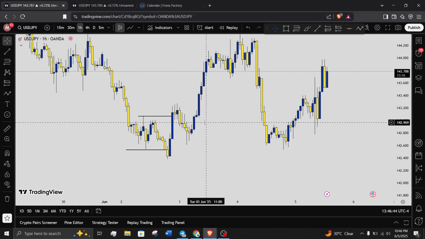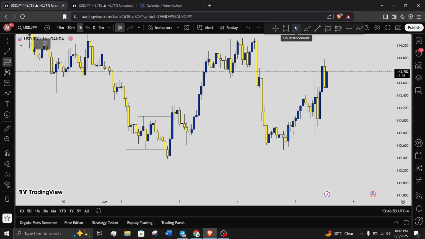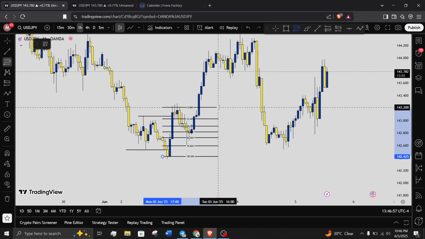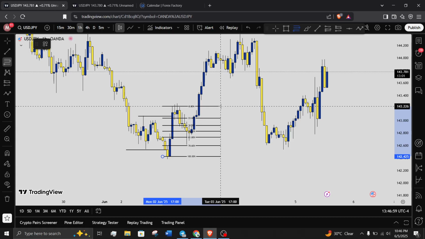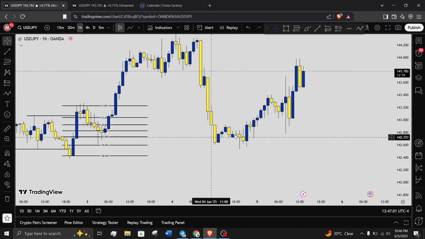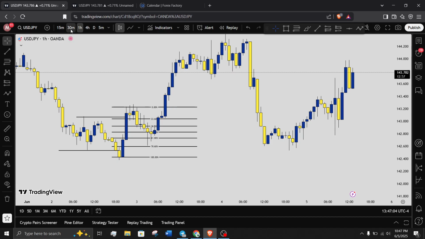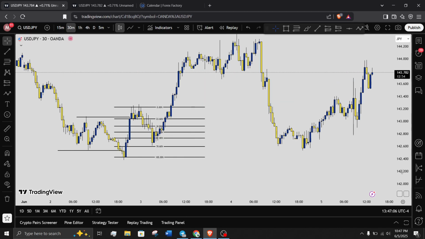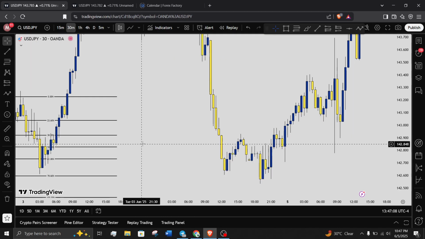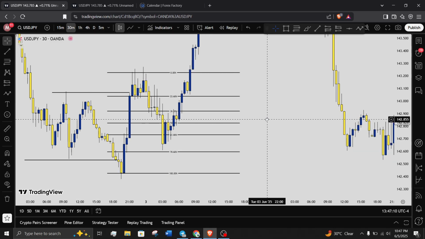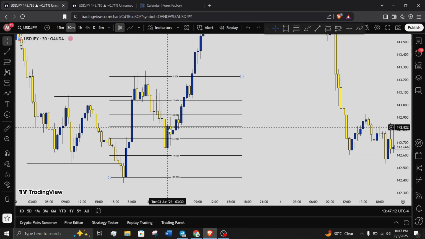Change of character indicates that the trend is reversing, and we need to look for bias upon retracement. So how do you look for bias? You take a Fibonacci retracement tool, place it like this, and see we got bias on the low time frame. You can go to 15, but it is a weak time frame, so I would tell you to stick to 30. I entered bias right at the close of this 30-minute candle at this point.